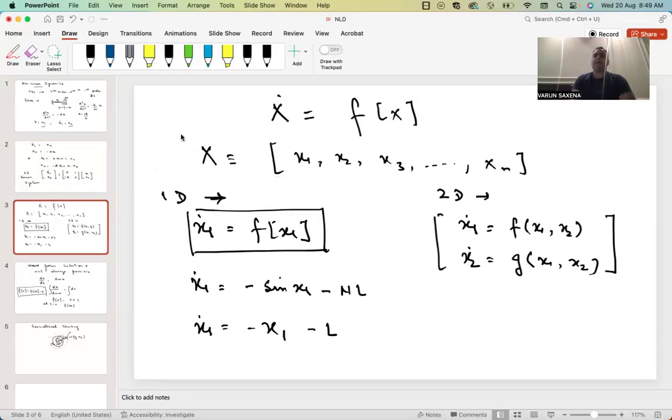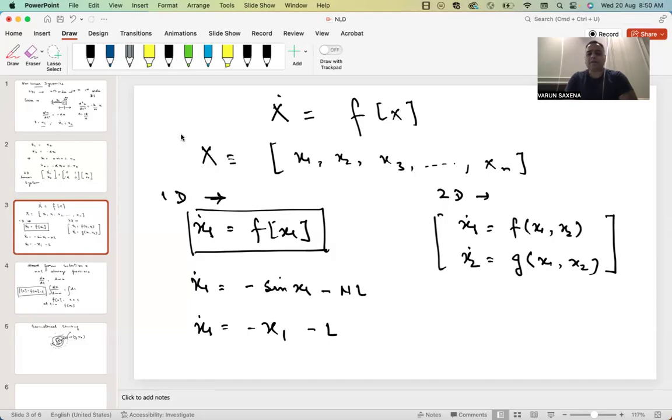Generally, any system that we study in nonlinear dynamics can be mathematically formulated as x dot is equal to f(x), where x is an array or a vector of the n state variables and f is also an array of functions. To simplify this further, let me take some examples.